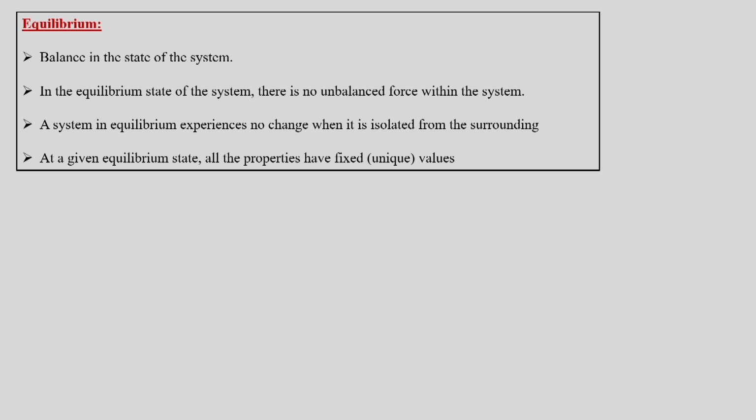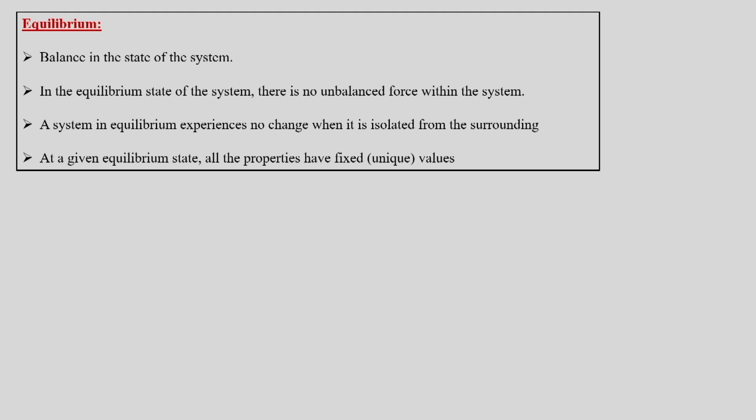Equilibrium is balance in the state of a system, meaning that in the equilibrium state there is no unbalanced force which is going to act in the system or on the system. The system in equilibrium experiences no change when it is isolated from the surrounding.